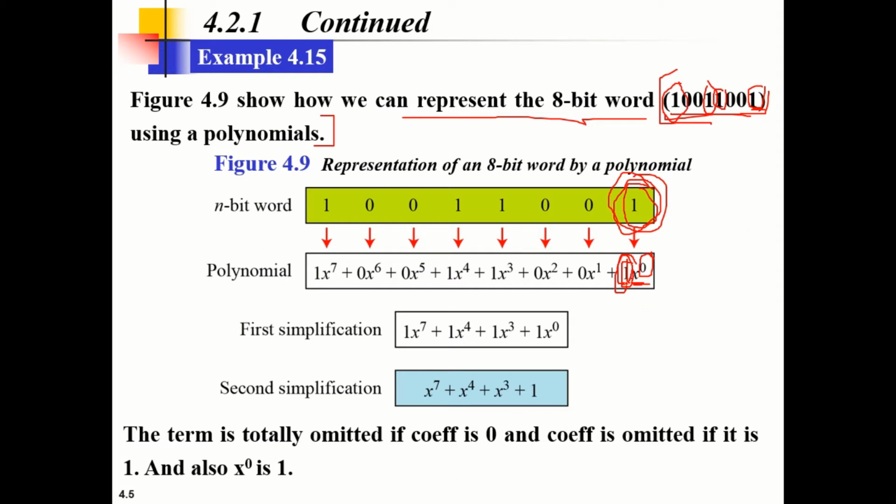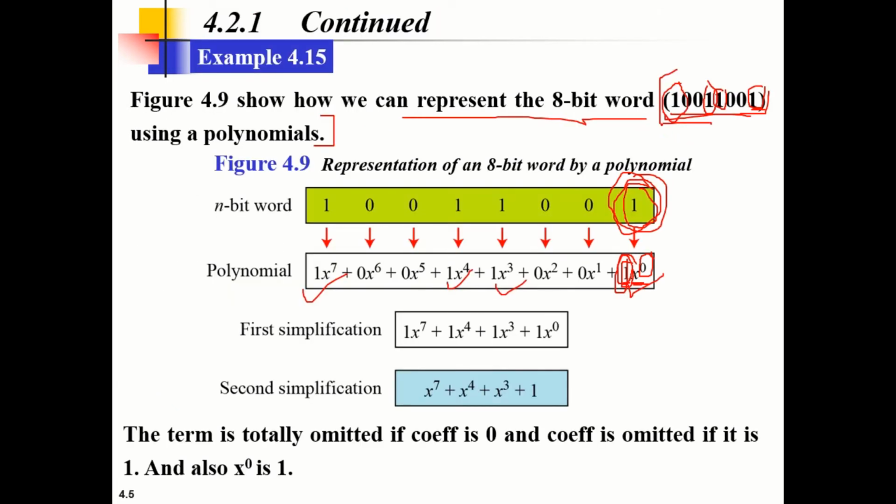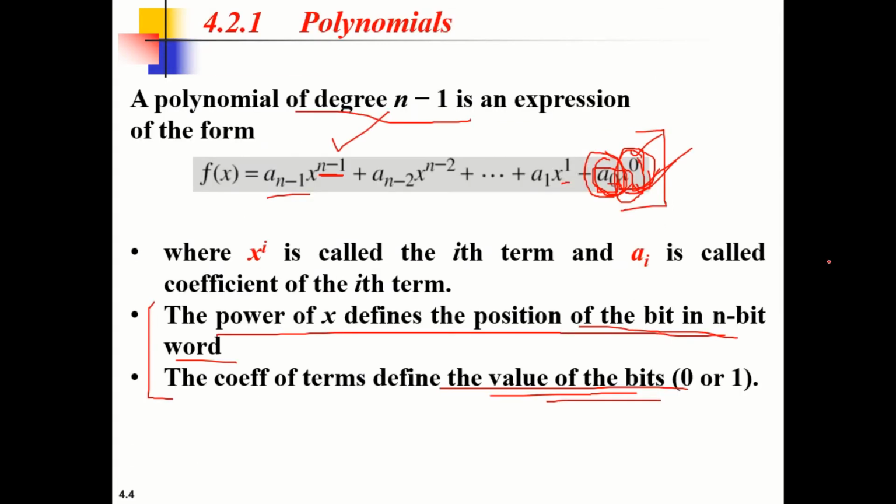So here we can cross check, this is the 0th position, this is 3rd, 4th, and 7th, right? These define the value of the bit which is given to you, okay, in the form of this word. And the power will be the position of the bit in the n-bit word.